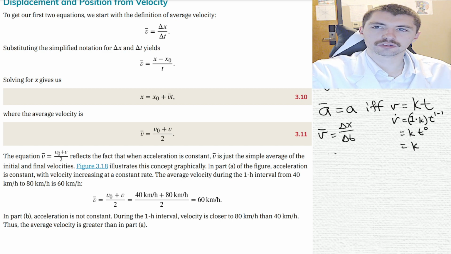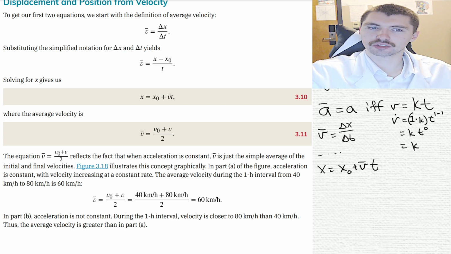They're doing some stuff and getting x naught plus average velocity times t, so this is like a number.